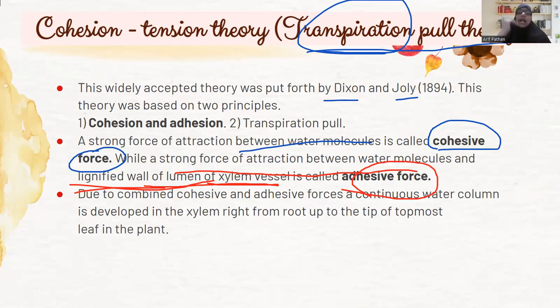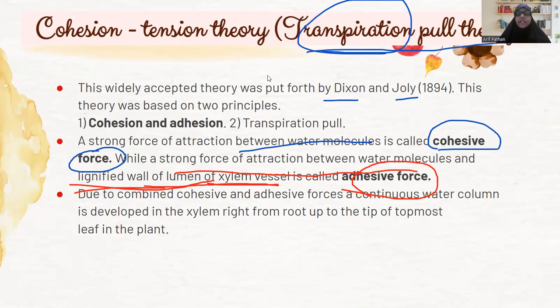So the water absorbed by the root is conducted, carried and transported to different parts of the plant, up to the topmost part, because of this cohesive and adhesive force existing between these like and unlike molecules.